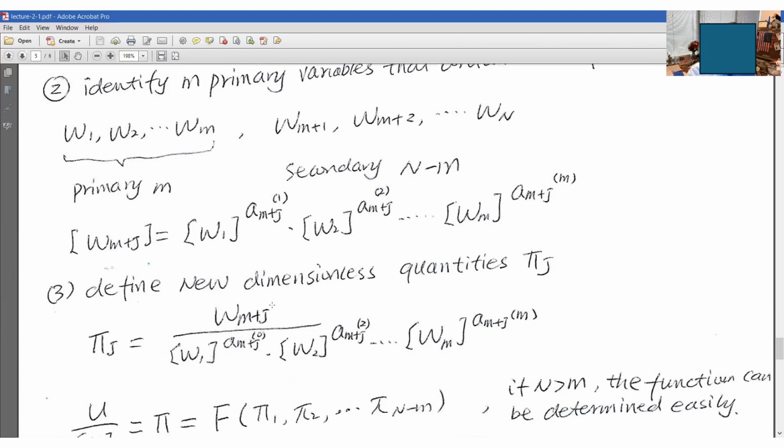Then I divide this guy by the dimension only, and I will just have a number, a dimensionless number.